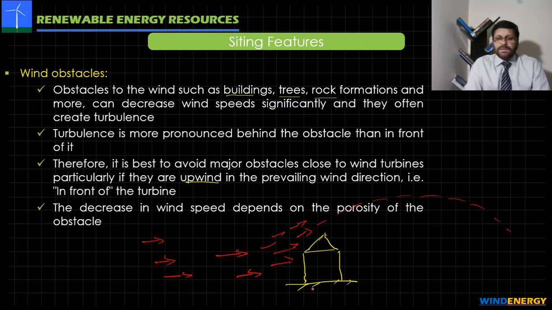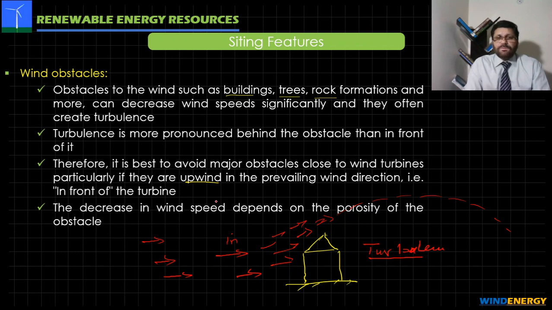So actually this building poses an obstacle in front of the wind, so you have to get away from this obstacle. You have to install turbines much farther away, and further this causes turbulence, and this turbulence is more significant behind the obstacle. So here there is going to be much more turbulence, not in front of the obstacle, and further this is going to decrease the speed.